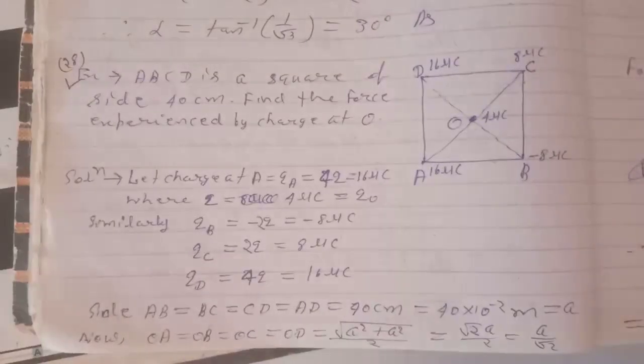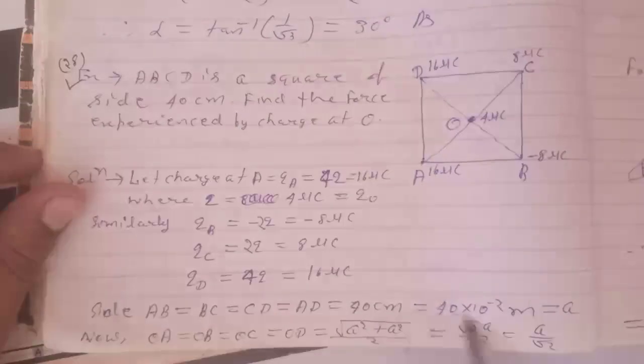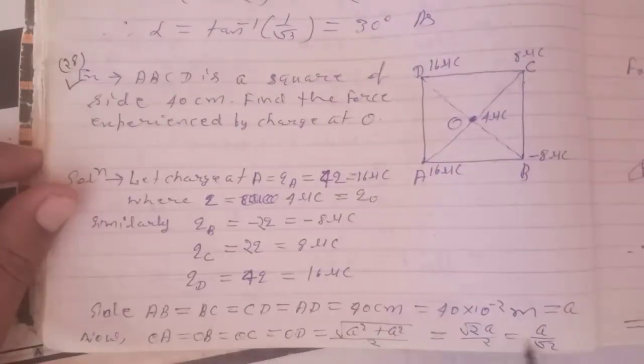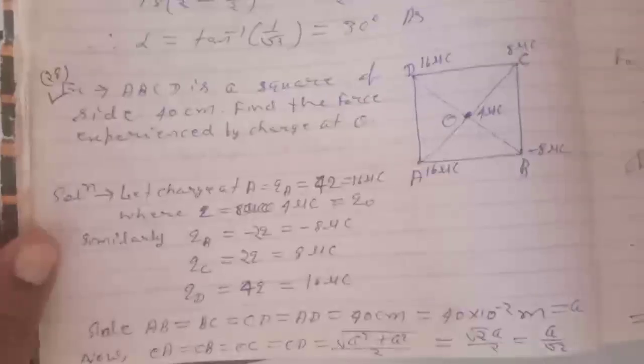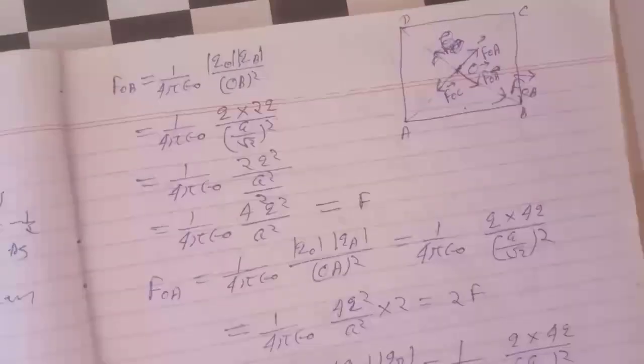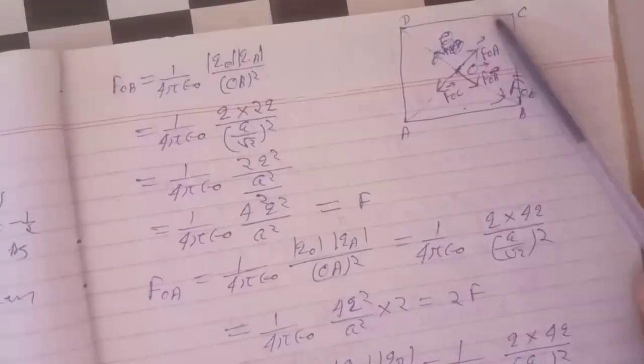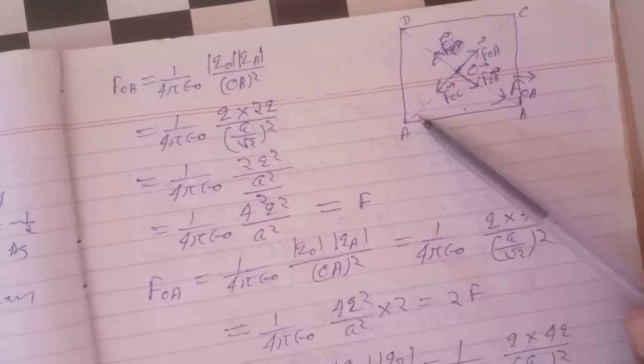A by root 2 is shown, because AB, BC, CD is given, and OA, OB, OC we can calculate as a by root 2. So the force will be shown as in the figure.